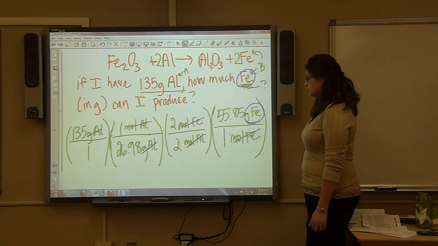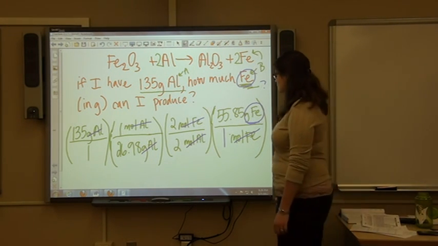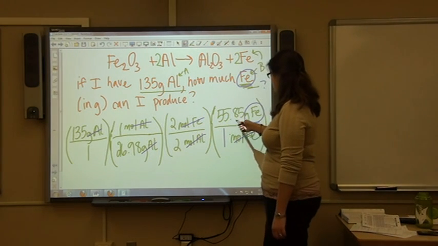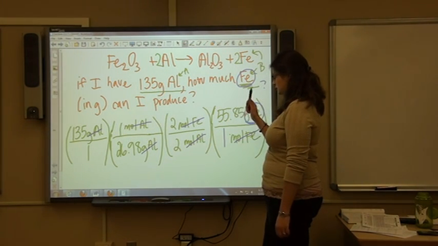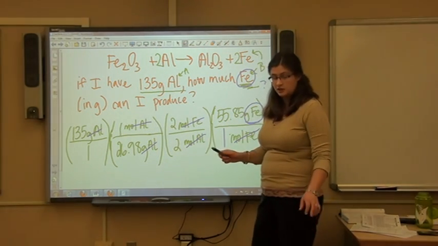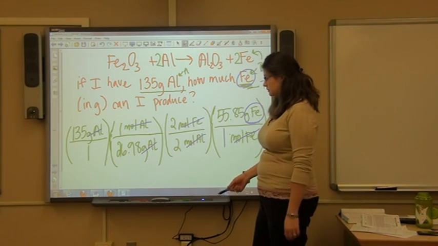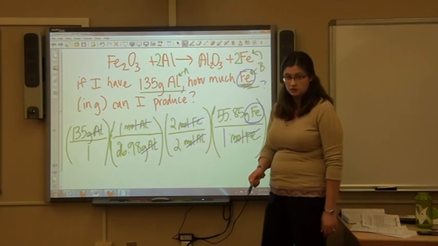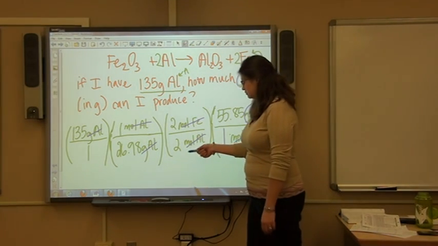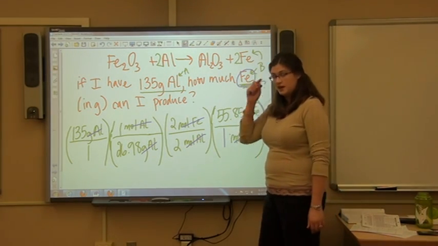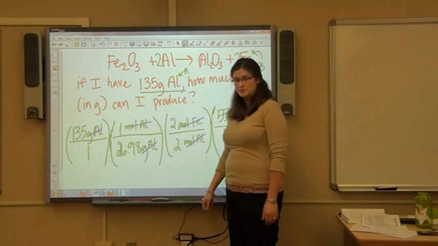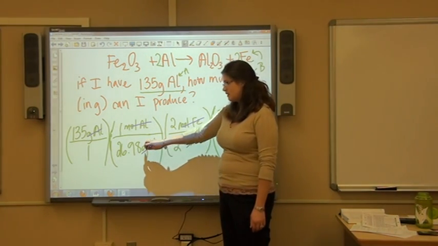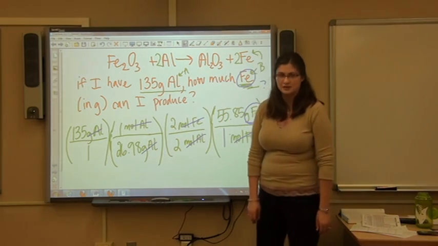Okay, so now all you have to do is do the math. You should take 135 times 2 times 55.85. And if you don't have brackets on your calculator, that's okay. Hit enter. Divided by 26.98, enter. Divided by 2. If you don't hit the enter in between those two steps, your calculator will think that you're supposed to divide this by 2, and that's wrong.